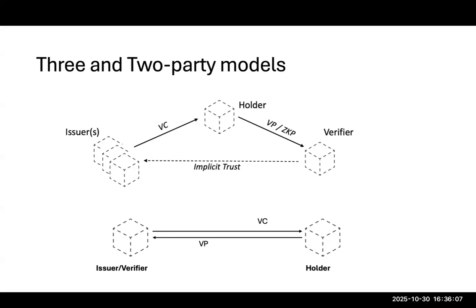But in doing this verification, the verifier interacts directly with the holder, but does not interact with the issuer. This is what is meant by implicit trust. So you can trust or not an issuer.